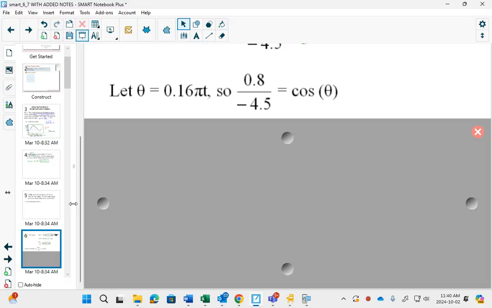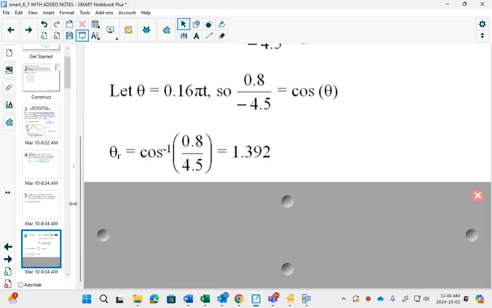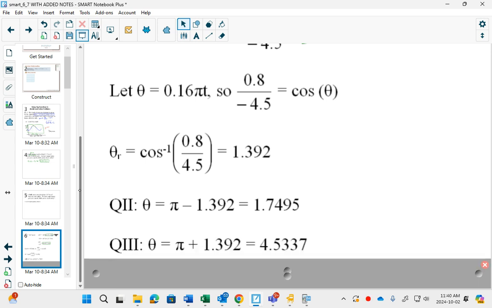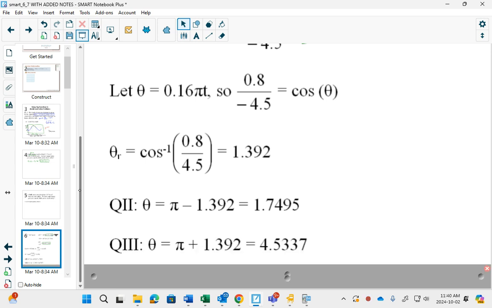I do cos inverse of the positive value. I get a reference angle. I use my CAST rule since cos is negative, and look in quadrant 2, which you would do pi minus your reference angle, and I would look in quadrant 3, and do pi plus my reference angle. So now I have answers for theta. Theta is 1.74, and theta is 4.53.